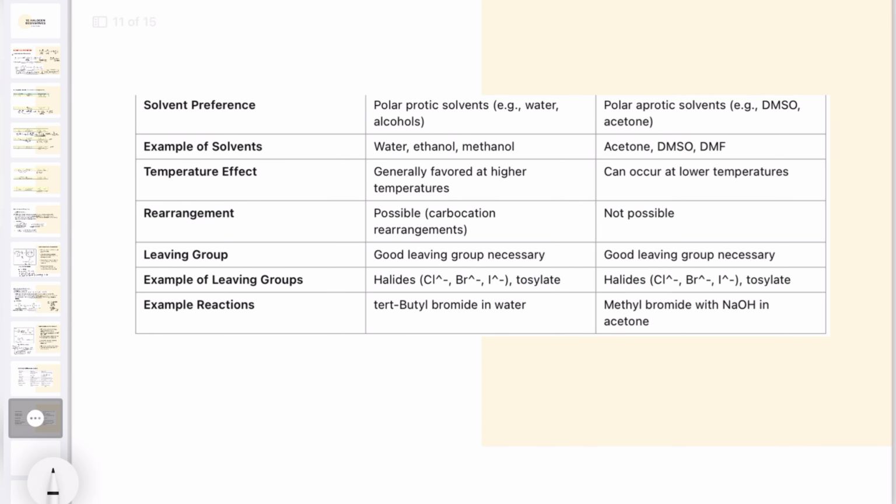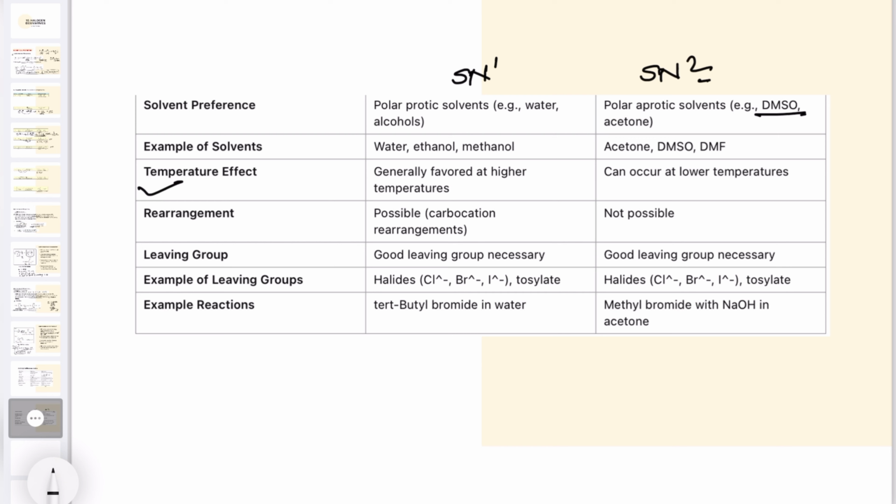The next is solvent. For SN1 the solvent is polar protic, that is water or alcohols, and for SN2 polar aprotic solvents like acetone and dimethyl sulfoxide, DMSO. Examples of solvents: water, ethanol, methanol for the SN1 reaction, and acetone, DMSO and DMF for SN2.